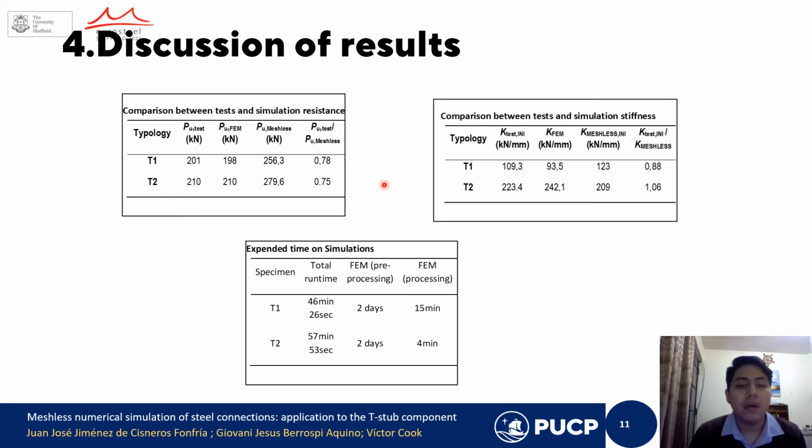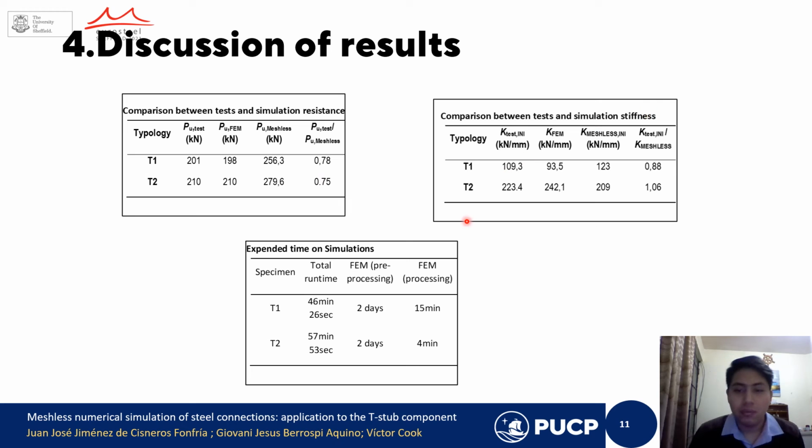This gives us a ratio between the test and the meshless model of 78% for T-stub T1. For T-stub T2, the experimental test reached a value of 210, the FE model reached a value of 210, the meshless model reached a value of 279, and the ratio between the test and the meshless was 75%.